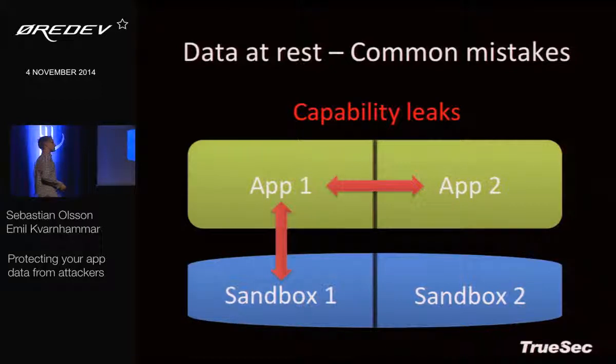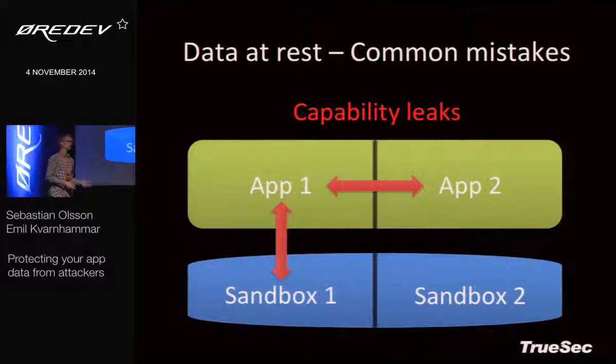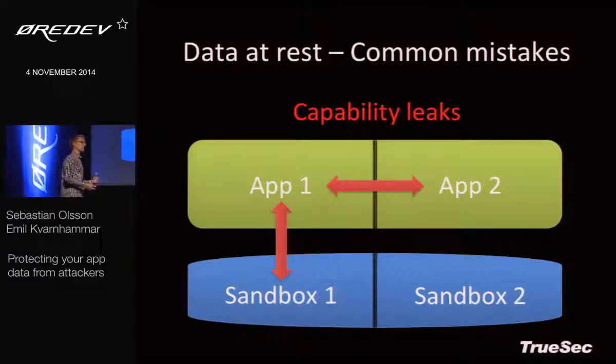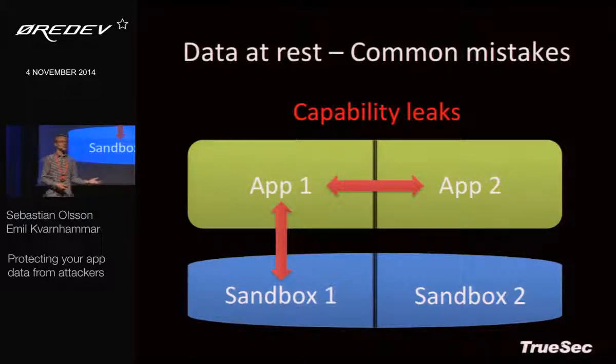But it's not only OEM software that could contain capability leaks. It's also your own code. Let's say that you, for instance, have two different apps that are communicating with each other. Then you might expose some kind of interface, or what's called a service in the Android ecosystem.